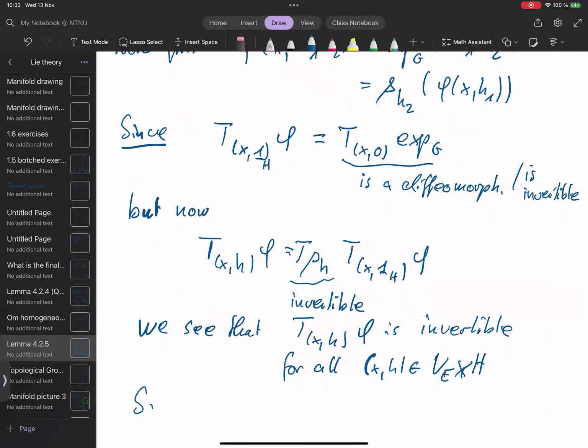So what we know now is that phi is a local diffeomorphism by the inverse function theorem.